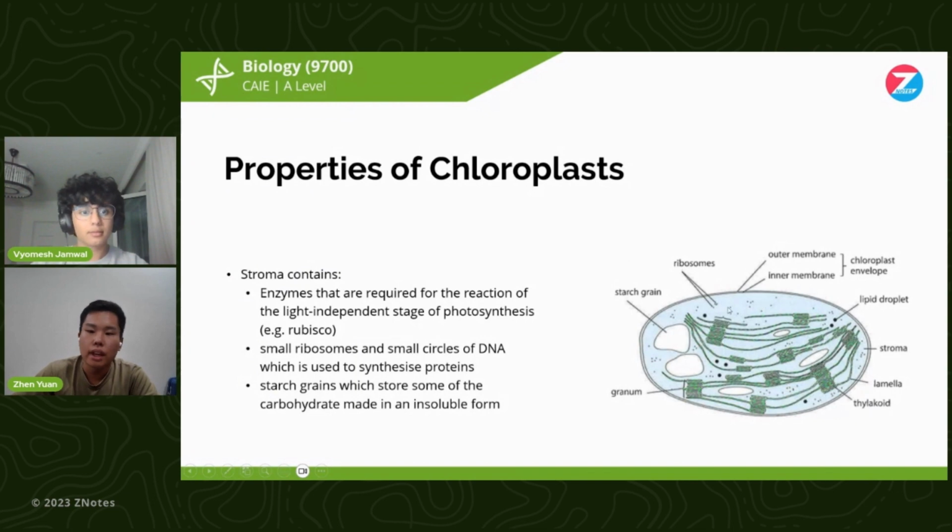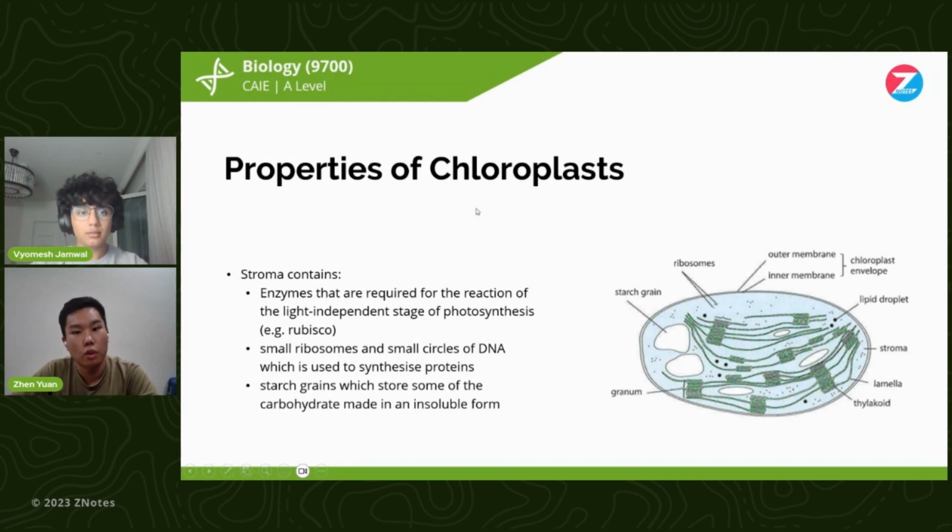If you notice, the image of the chloroplast kind of resembles the mitochondria. In this case, we can somewhat refer to the stroma as equivalent to the matrix in the mitochondria.